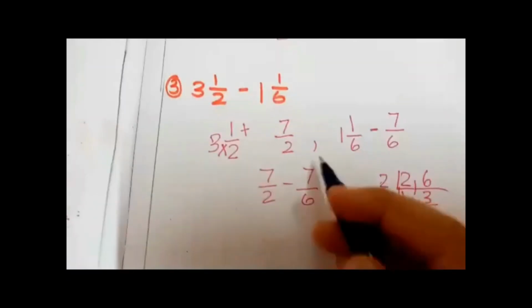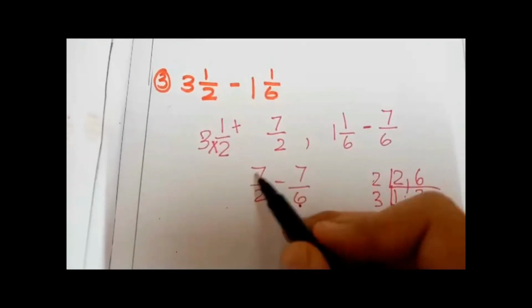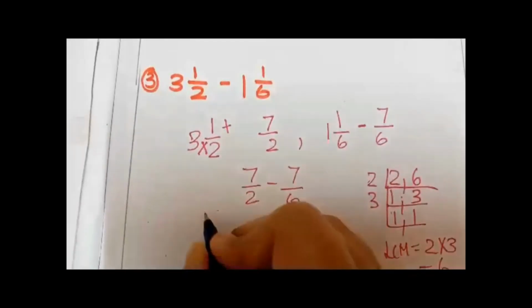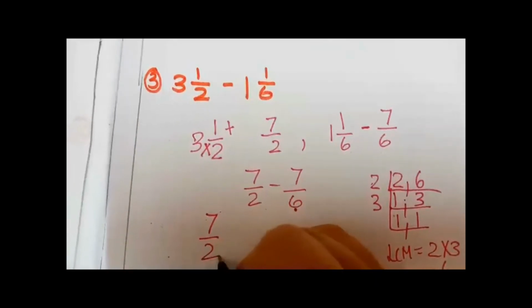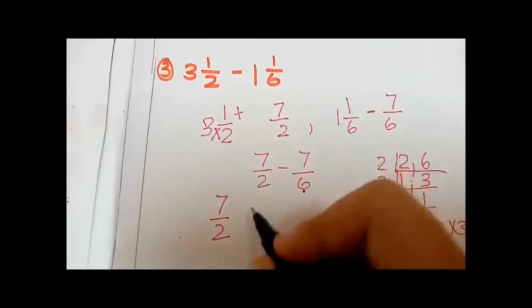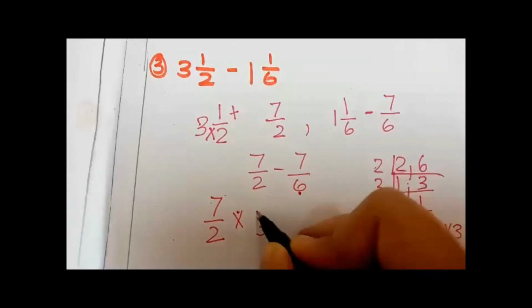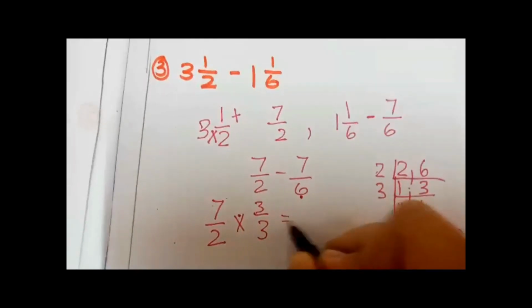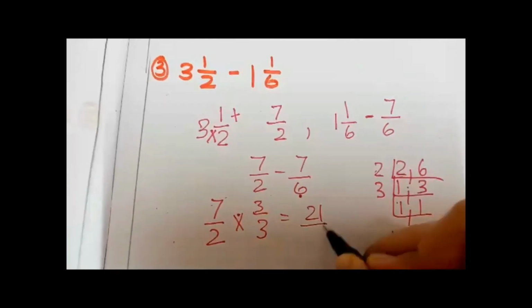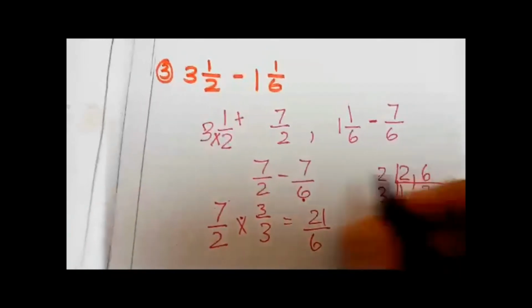So here already for 7 by 6 we have the denominator 6. So we have to convert only 7 by 2. So 7 by 2, what should we multiply 2 with to get 6? The answer is 3. So what we multiply down should also be multiplied up. 7 3s are 21 and 3 2s are 6. So here we get 21 by 6.